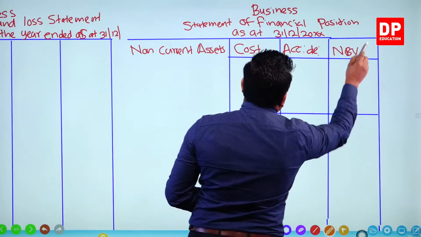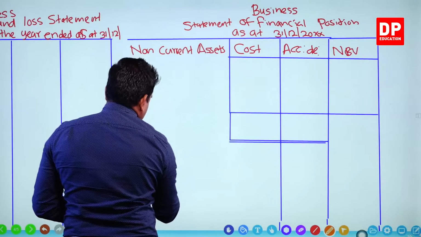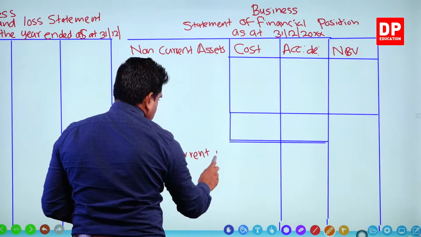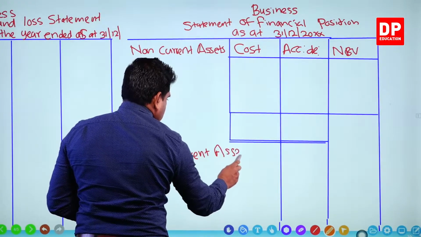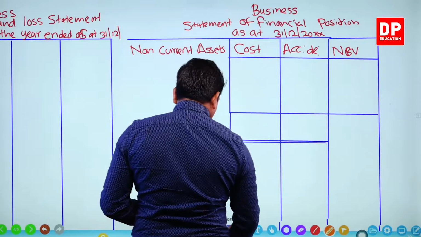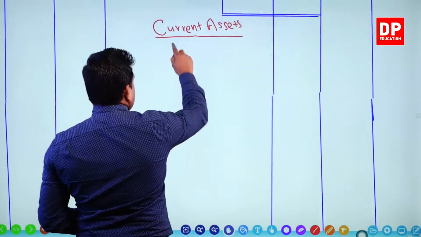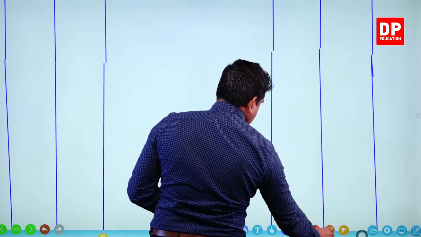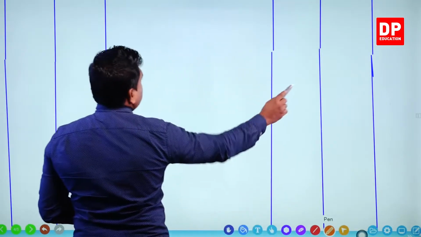After that, current assets. Underline and keep the space to write the current assets. Then the assets area finishes. Then we write capital.